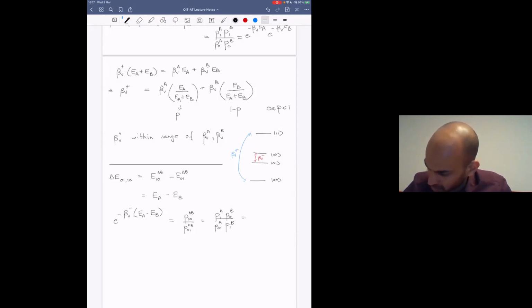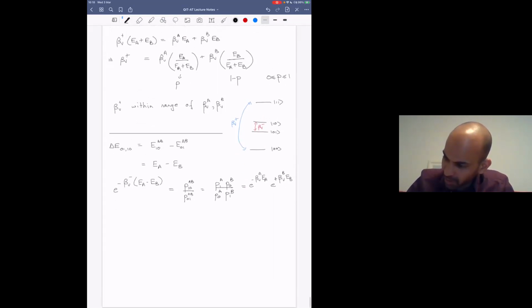And again, I can use the fact that it's a Gibbs ratio. P1 upon P0 on A is e to the minus beta VA EA. But P0B upon P1B is the inverse. So it's e to the plus beta VB EB.